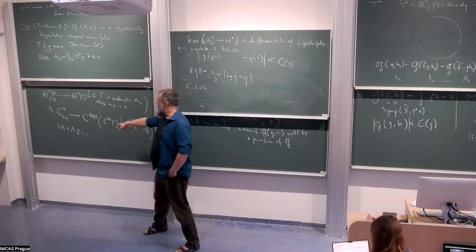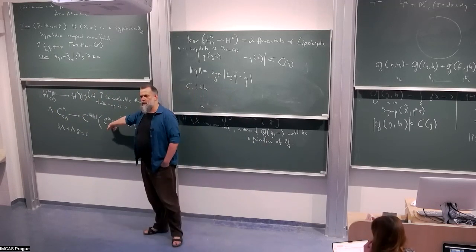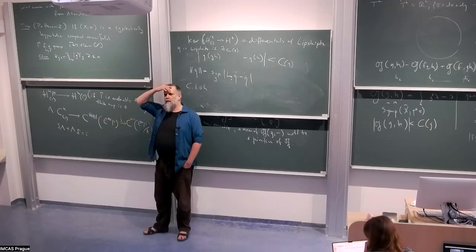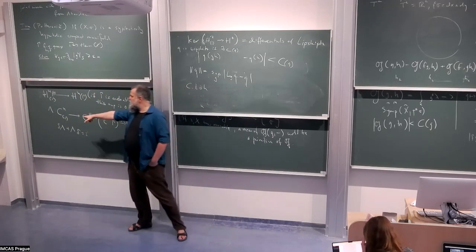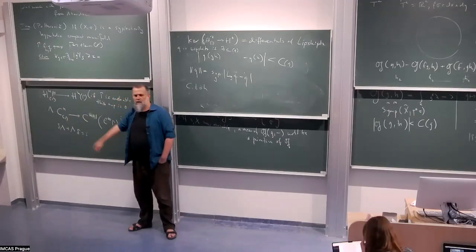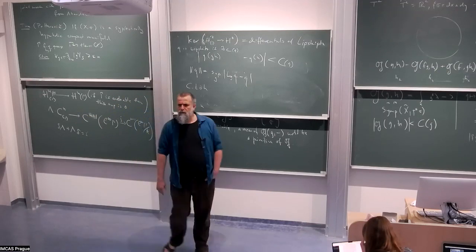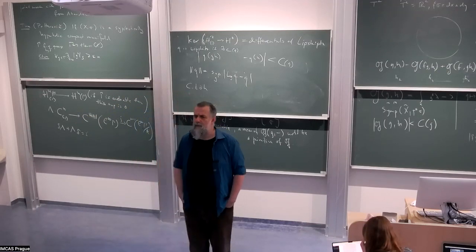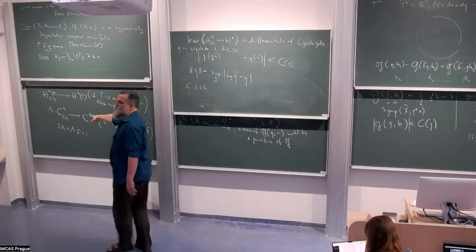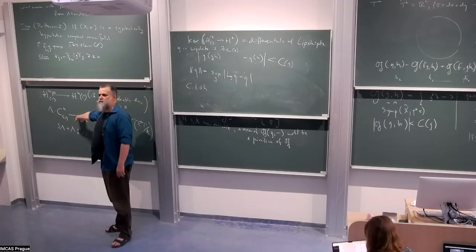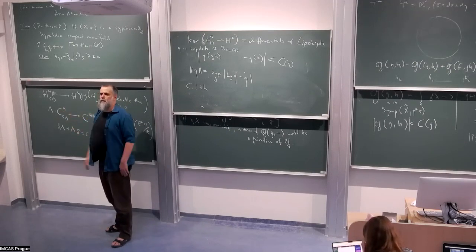So here you would like to have some other module? No, this map is pretty much onto. You just relax one. That's an isomorphism on the level of chains. You just treat one of the slots as argument.